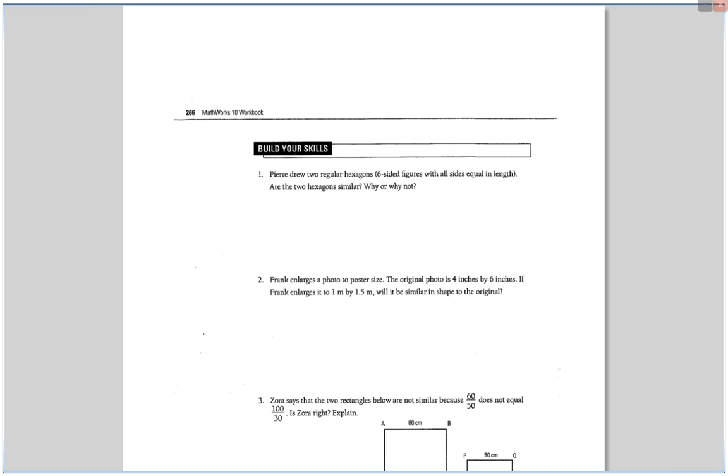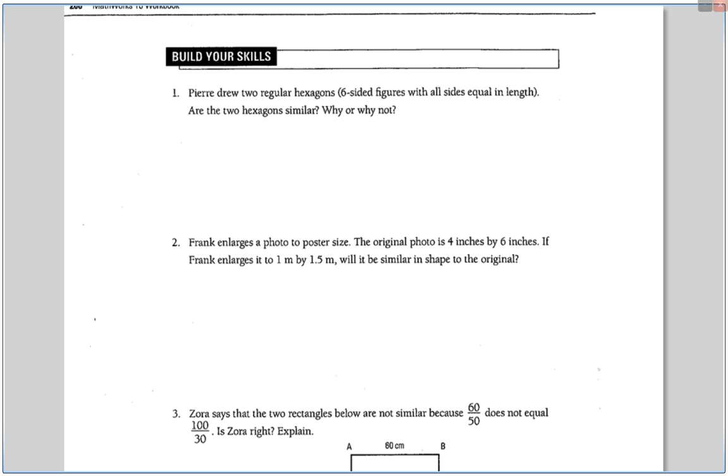So let's start with number 1, build your skills. Pierre drew 2 regular hexagons, which is just a 6-sided figure with all the sides and angles equal in length. Are the 2 hexagons similar? Why or why not? Yes, they are.